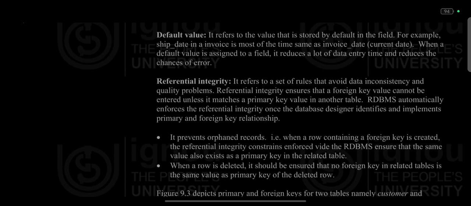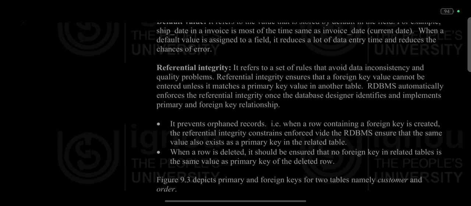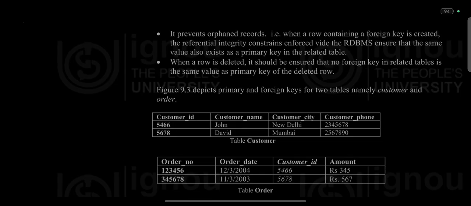It refers to a set of rules that avoid data inconsistency and quality problems. Referential integrity ensures that a foreign key value cannot be entered unless it matches a primary key value in another table. The RDBMS automatically enforces referential integrity once the database designer identifies and implements the primary and foreign key relationship. It prevents orphan records.